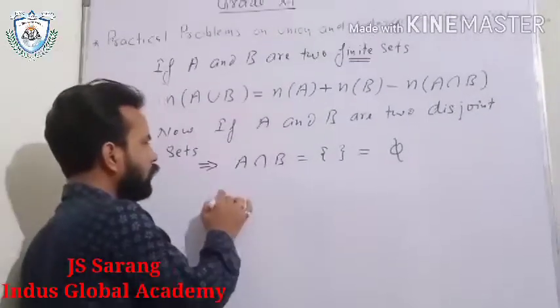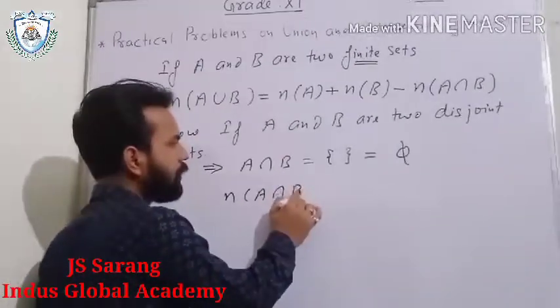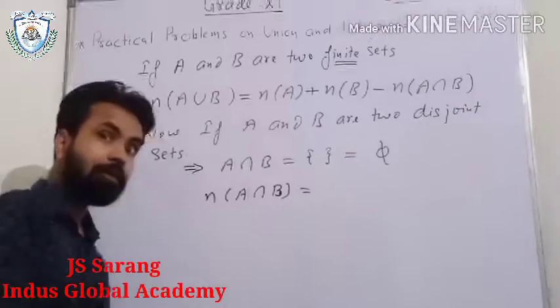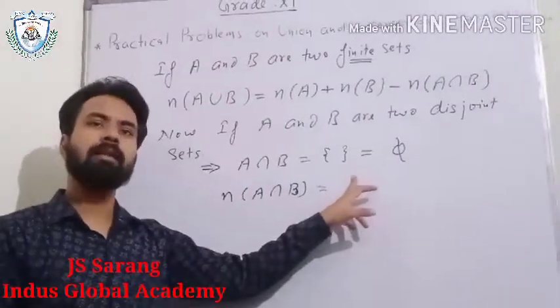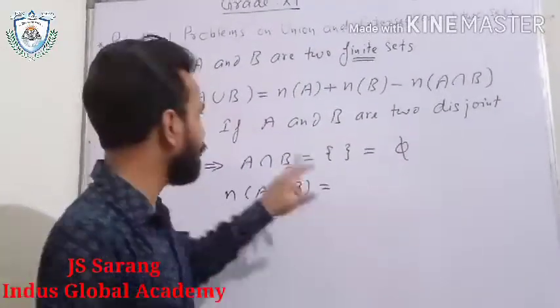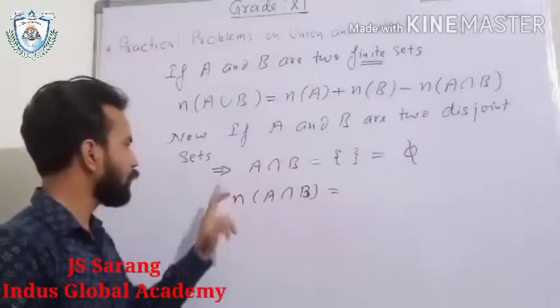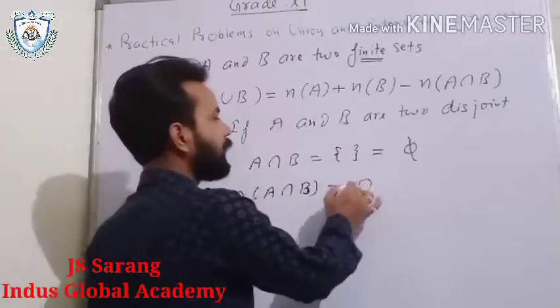So you know the number of elements in A intersection B. As A intersection B is a null set, there is no element present in A intersection B. So n(A intersection B) is equal to how much? That is 0.